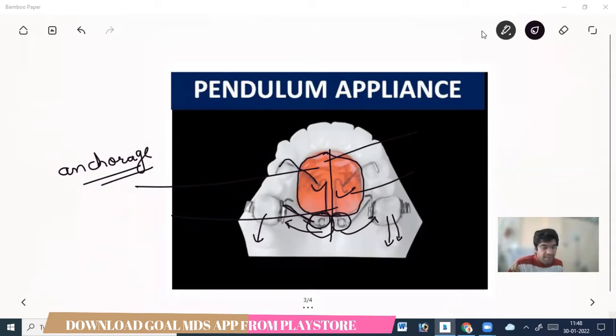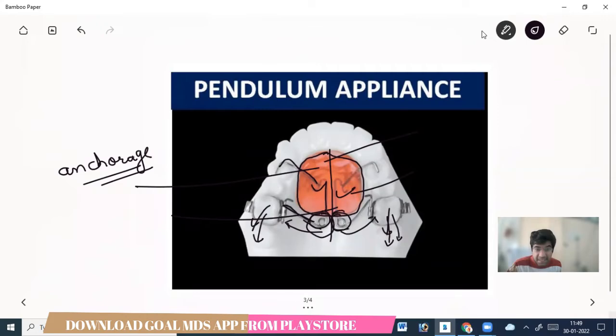Once the appliance is in the mouth, the springs are inserted into the lingual sheath of the molar bands to allow forces to act distally.